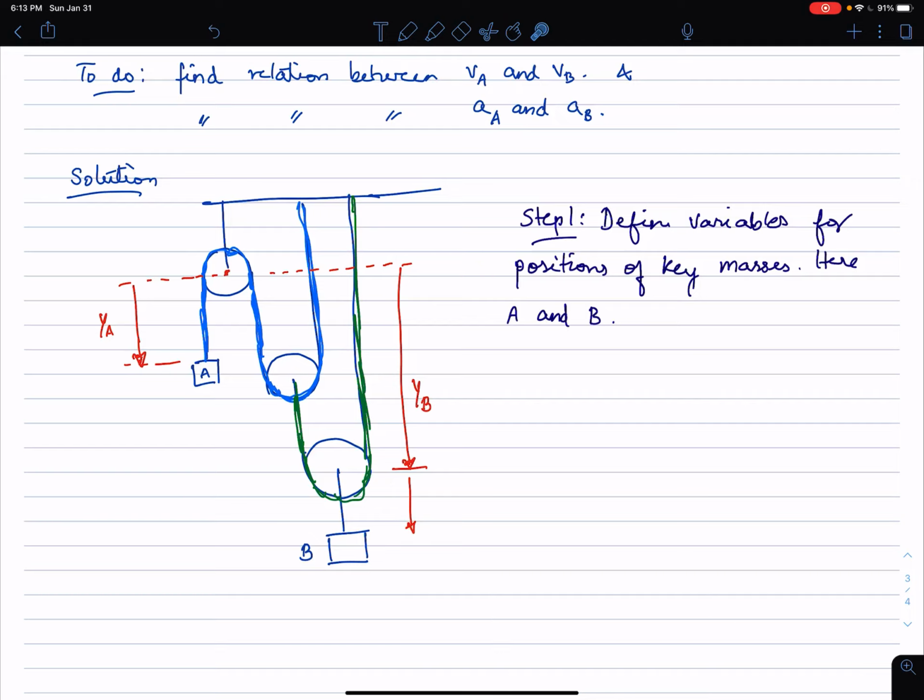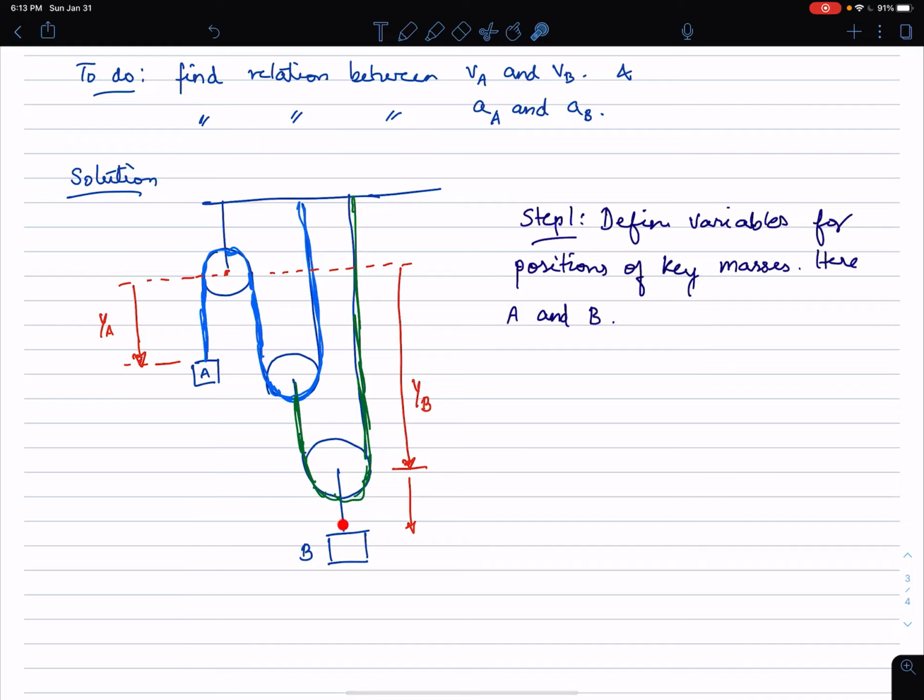The difference between going from here to here and going from here all the way here is basically this length. This is just another piece of rope. Because all the ropes are inextensible, this is just some constant. And in these kinds of problems, we will be differentiating these positions anyway.